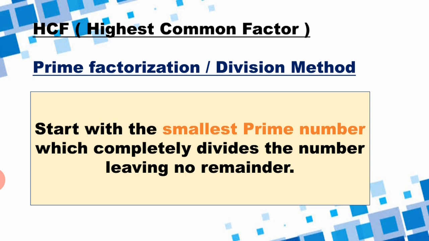The colored part, smallest prime number, shows that we have to take a prime number. In our previous lecture, we found HCF using factors, but here we have to use factors which are prime numbers. So this is the first step and you have to divide till it reaches 1.